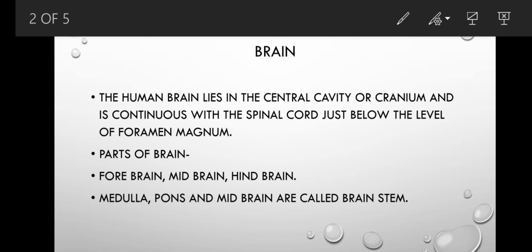Medulla, pons and midbrain are called the brain stem. The brain stem is the continuation of the brain in the inferior aspect and continues as the spinal cord. So the brain stem is formed by the union of the medulla, pons and midbrain.